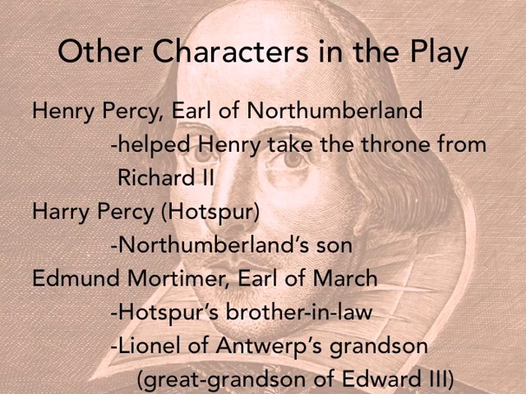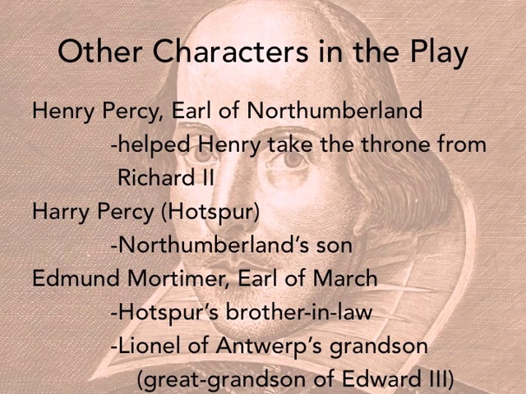In other words, Mortimer has a claim to the throne himself, and according to some English observers, maybe a stronger claim than Henry Bolingbroke does, because Henry is the son of Edward III's youngest son, John of Gaunt, while Mortimer is the grandson of Edward III's middle son, Lionel of Antwerp.